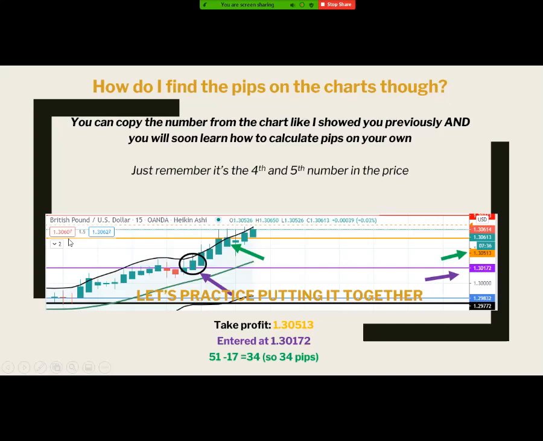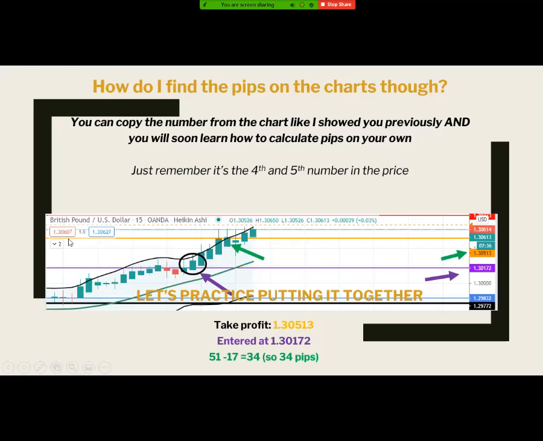Let's read this blue one. $1.29, 83 pips, and then 2 pipettes. Again, we're just looking for the 4th and 5th number. Nothing changes. $1.30, 61 pips and 3 pipettes. Sorry, y'all. And the last one, $1.30, 61 pips and 4 pipettes.